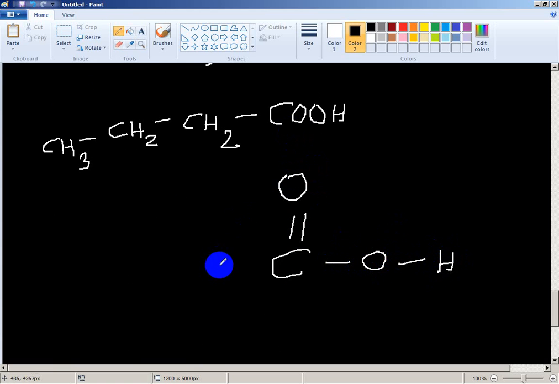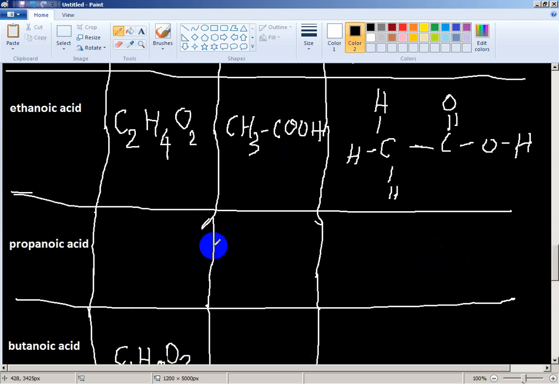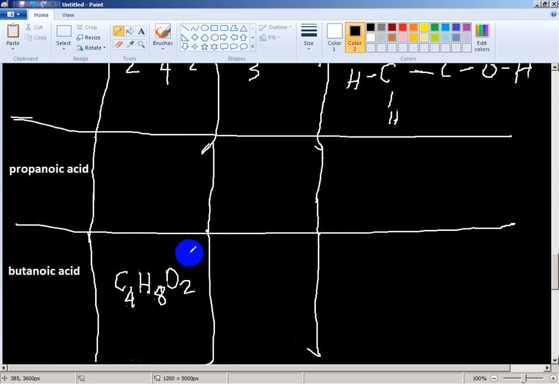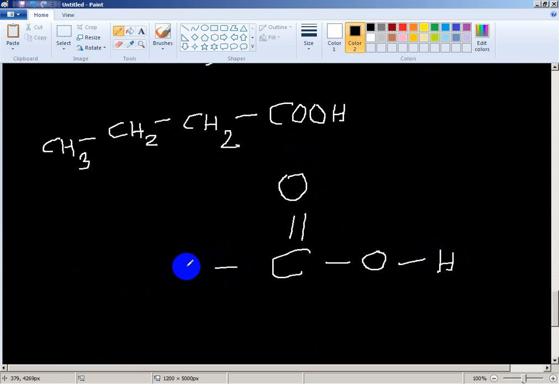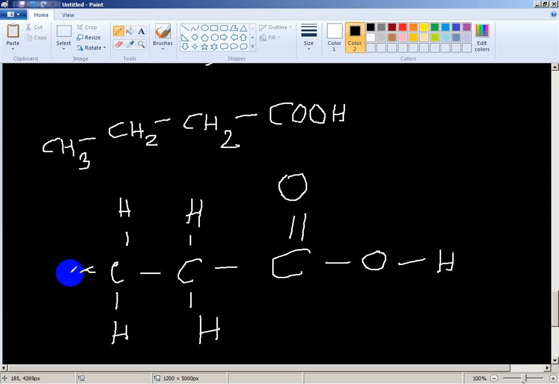This is the functional group. Now you solve this problem: propanoic acid.